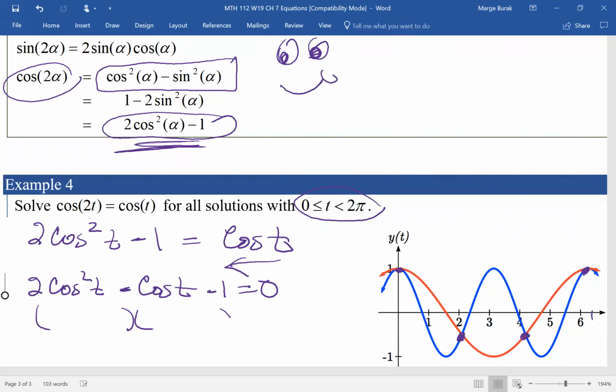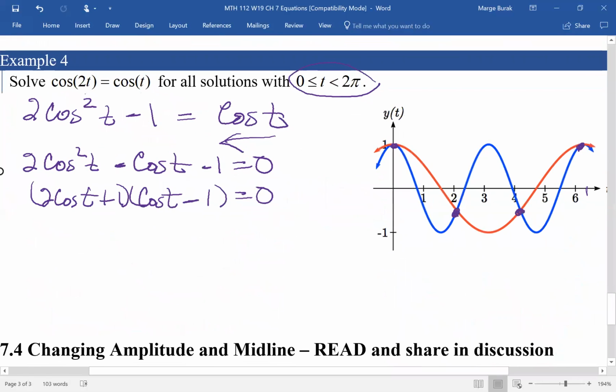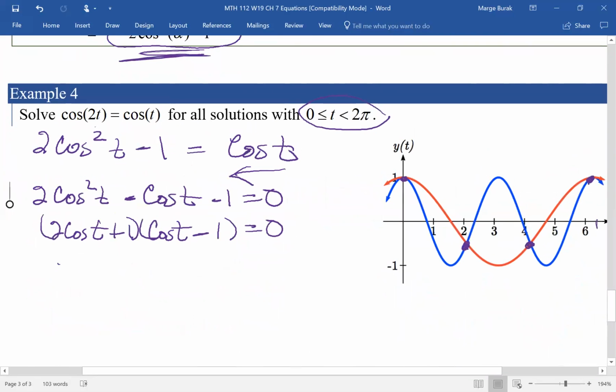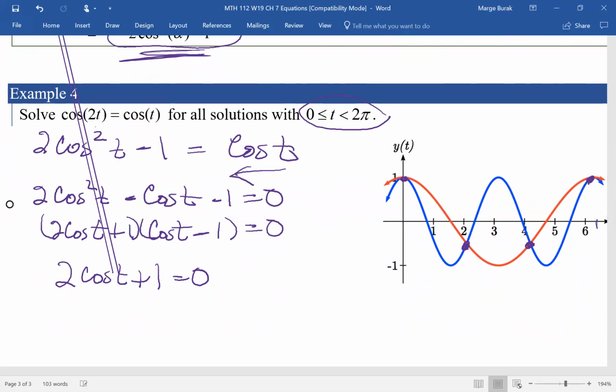Then I factor it, and I get my 2 cosine t and my 1. And now see, I want a -1, so I want a -2 plus 1. And then we'll set each of these equal to 0. So 2 cosine t plus 1 equals 0, and then cosine t minus 1 equals 0.